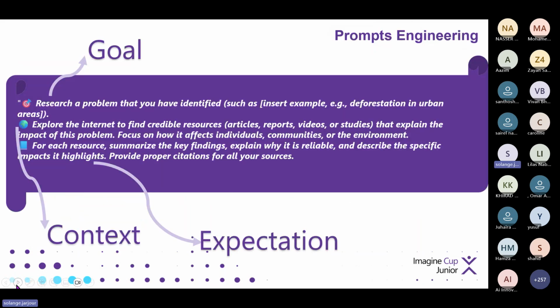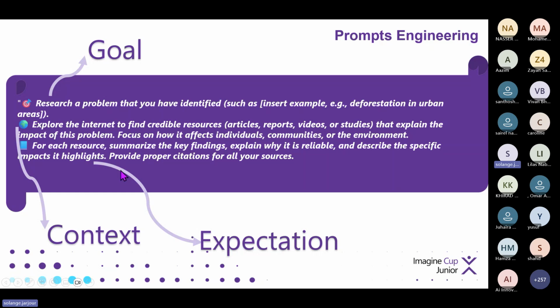Now, let's go through the prompts. Let's together write a prompt that is acceptable by AI, and that will give me the right output. Let's check how we can draft a prompt.